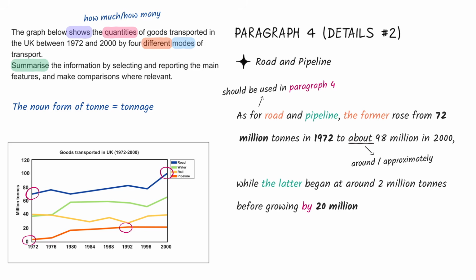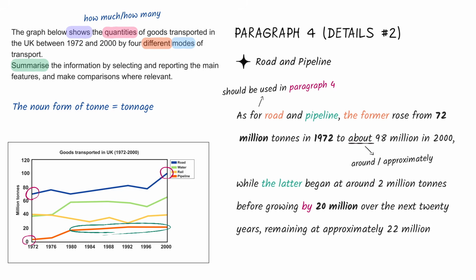By 20 million over the next 20 years. And remaining at approximately 22 million, as you can see, 22 million remains until the end, all right? At approximately 22 million until the century's end. So instead of 2000, because 2000 is the end of the century, right? I write a synonym instead of 2000 because we used the date 2000 a lot in our report. So the century's end would be a proper synonym for 2000.